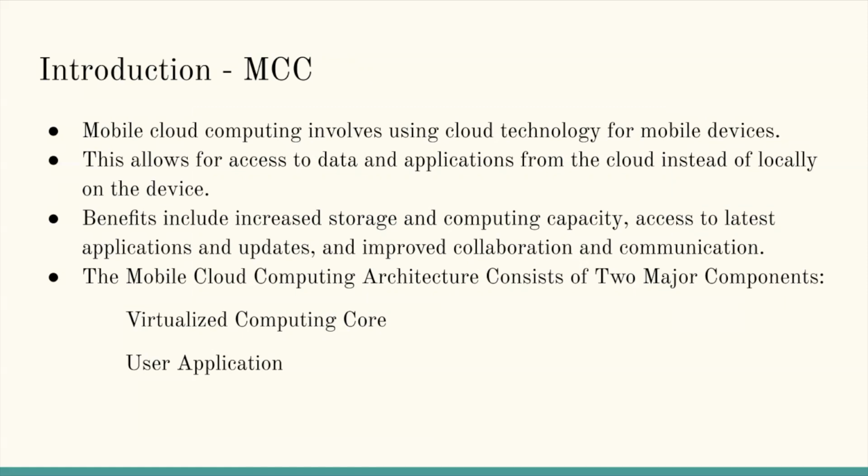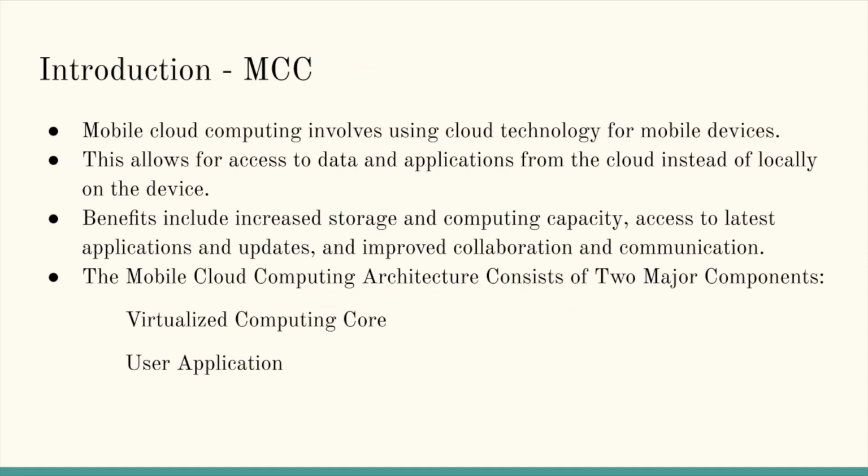The mobile cloud computing architecture consists of two major components, that is the virtualized computing core and the user application. The virtualized computing core is a hosted cloud service that hosts multiple cloud computing services that are required to run on the mobile device.